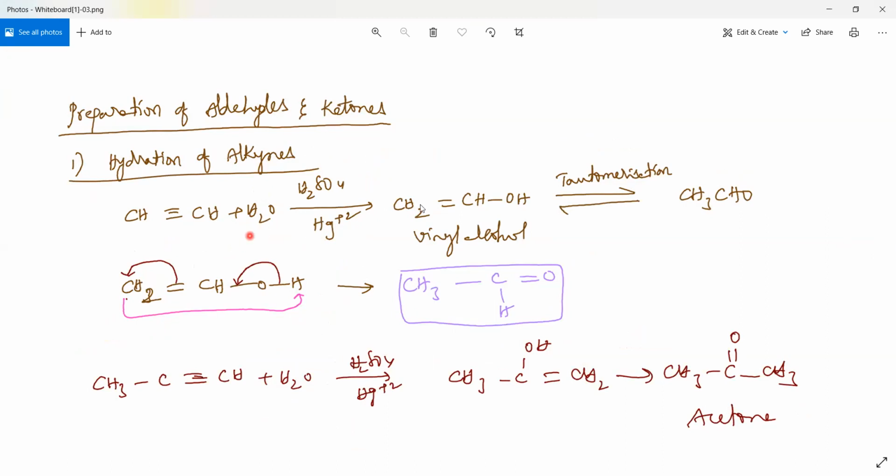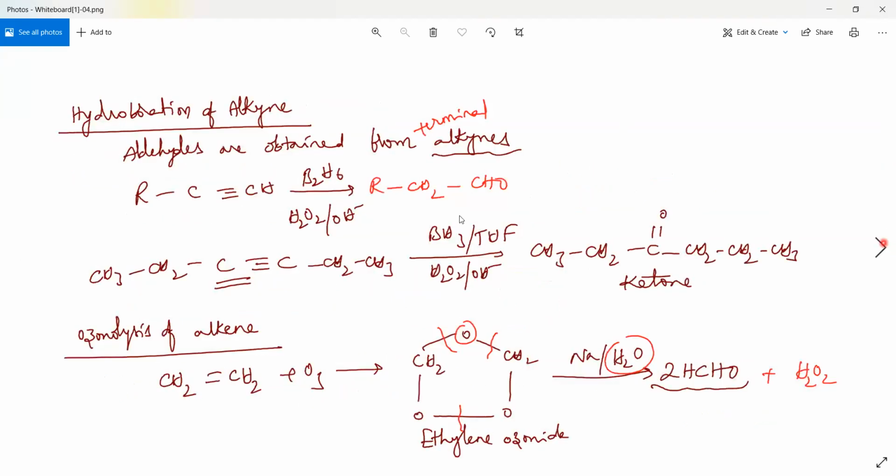Then preparation. First one is hydration of alkynes. Hydration of alkynes first gives vinyl alcohol and then finally aldehyde. Unsymmetrical alkynes will give you ketones. Symmetrical alkynes will give you aldehydes. Next, hydroboration of alkynes.